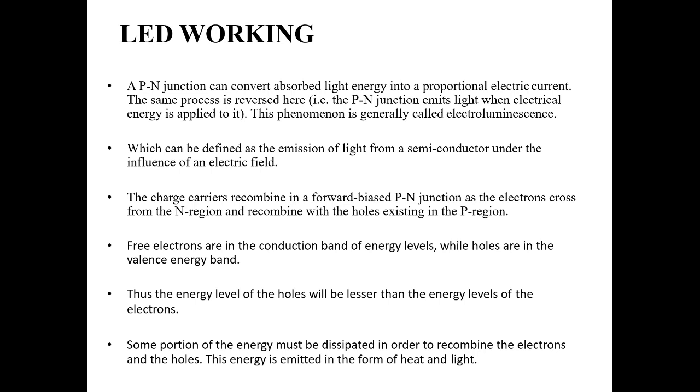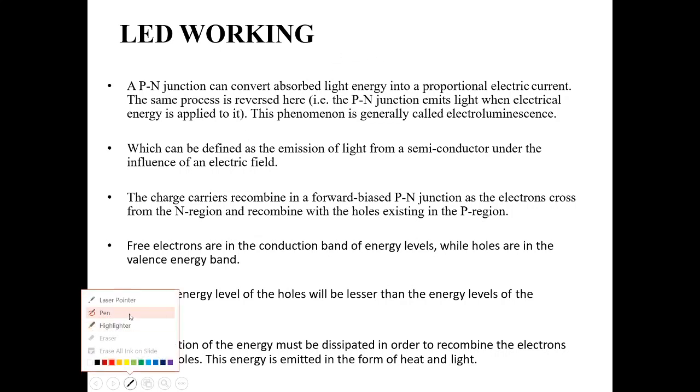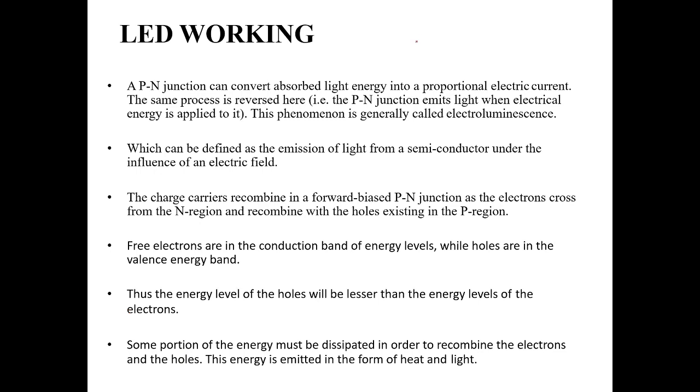How does the LED work, and how does it convert electrical energy to light energy? We have to discuss this. Mainly we require two materials: a p-type material and an n-type material.